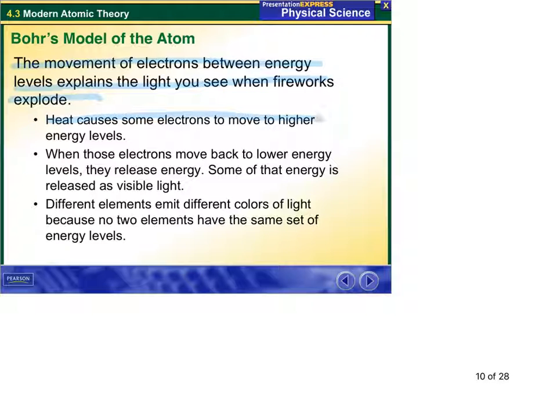Heat causes the electrons to move to higher energy levels, so when those electrons move back to lower energy levels, they release energy, and that can be released as visible light. Different elements release different colors of light because no two elements have the same set of energy levels.